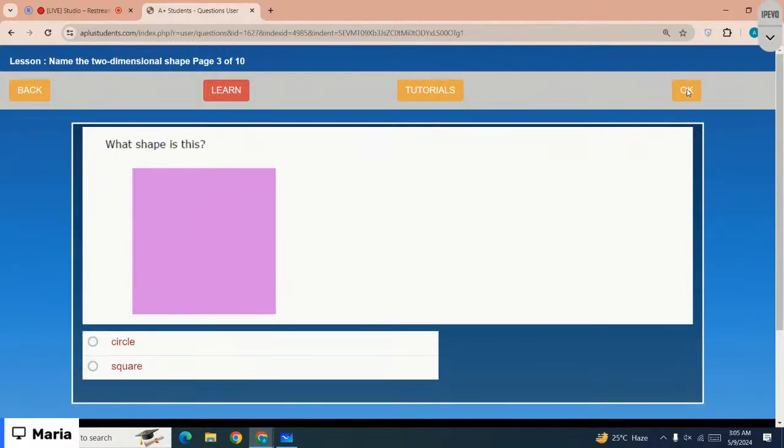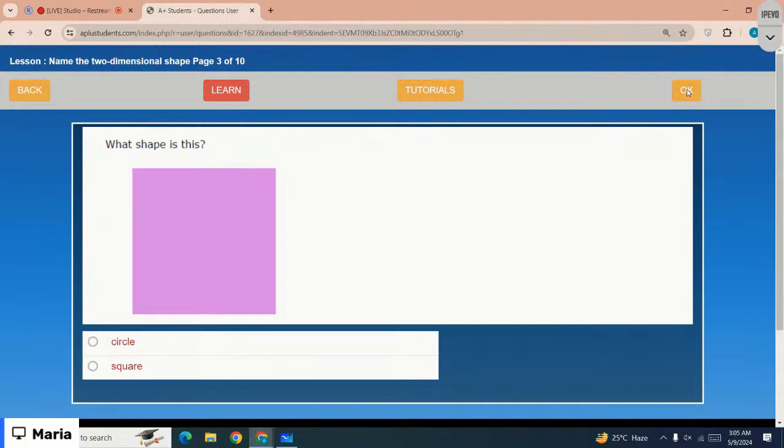What shape is this? Circle, square, which is the correct option? That is a square.